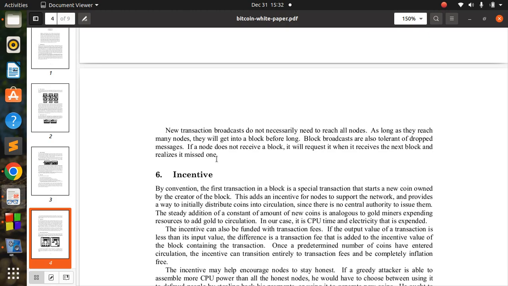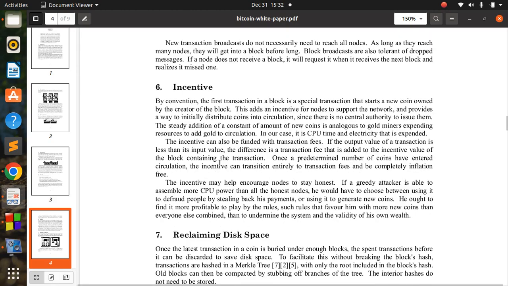That's just it. Okay. Incentive. Now that's where we've gotten to incentive number 6. By convention, the first transaction in a block is a special transaction that starts a new coin owned by the creator of the block, which is the Genesis block. Genesis means the initial transaction allocated. This adds an incentive for nodes to support the network and provides a way to initially distribute coins into circulation.